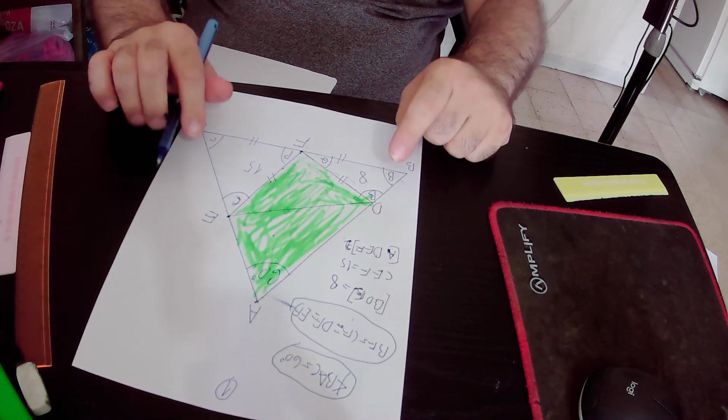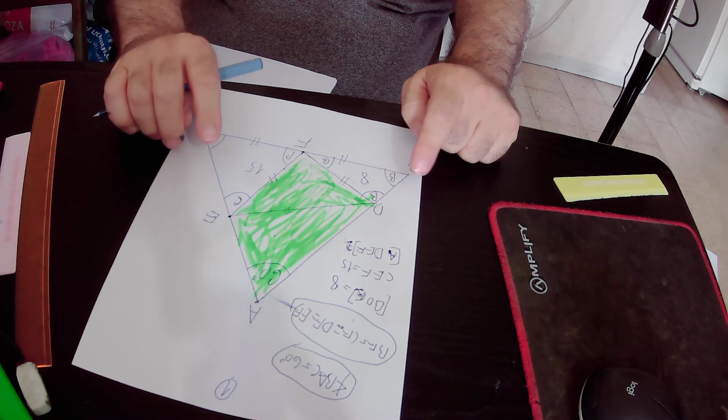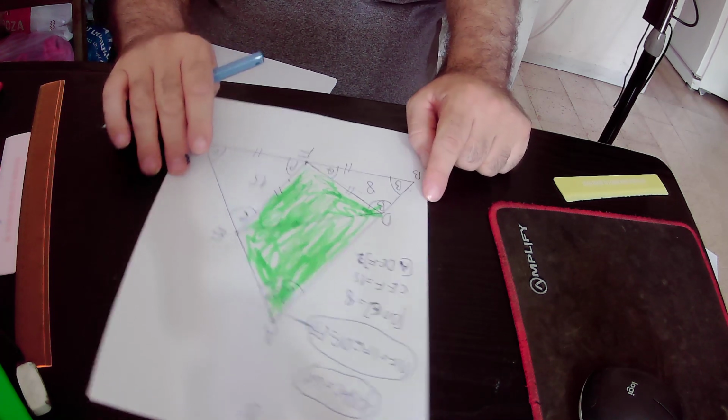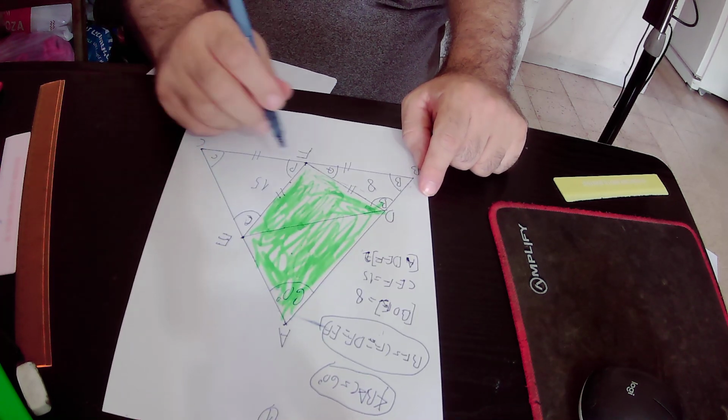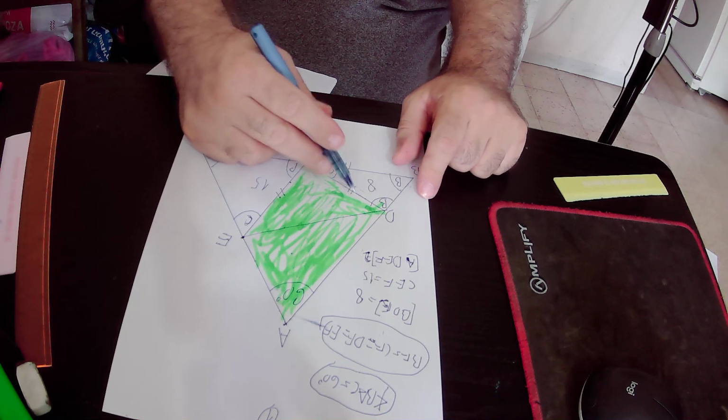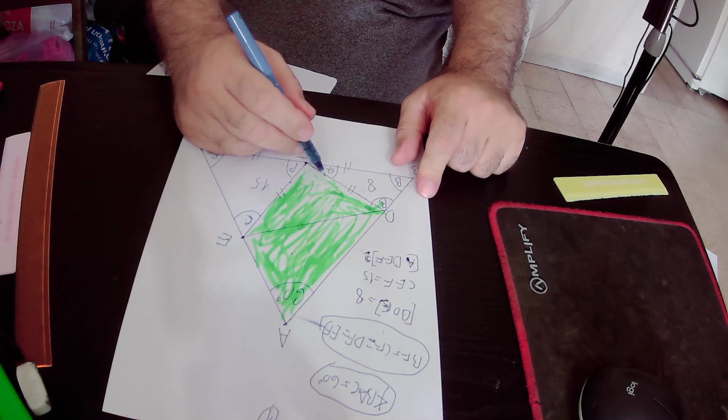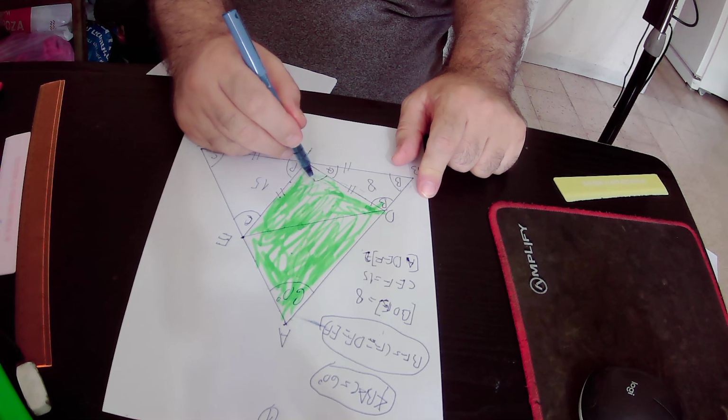Okay, we connected together points D and E by a straight line. So now we will find out the size of angle DFE, the size of this angle.